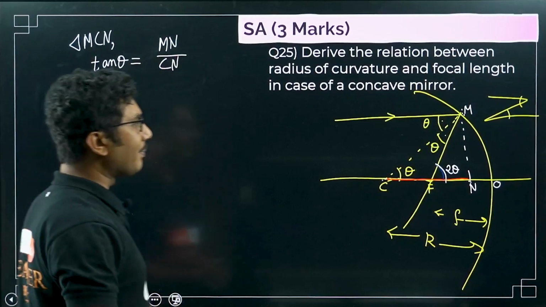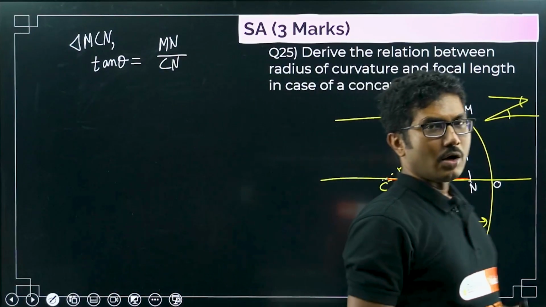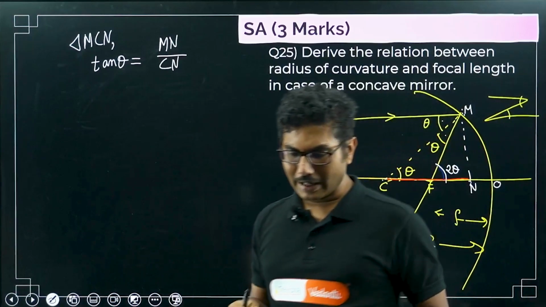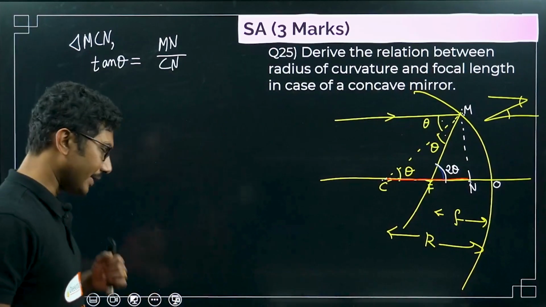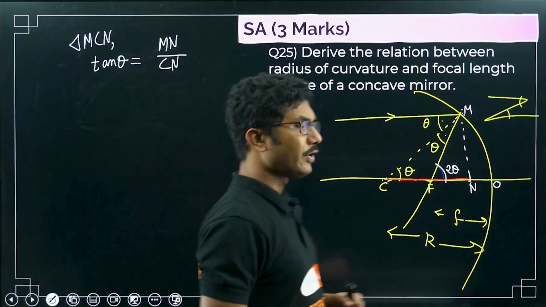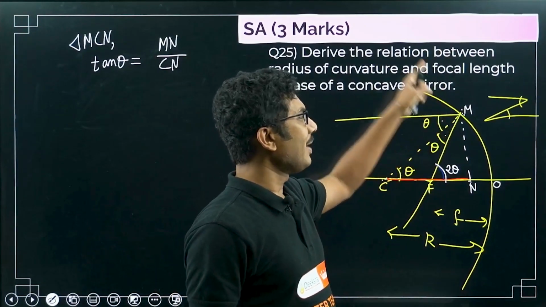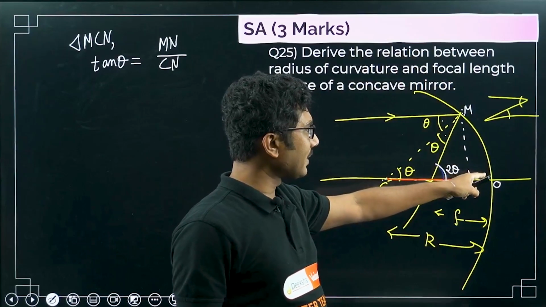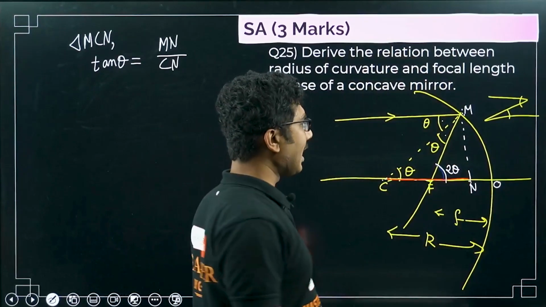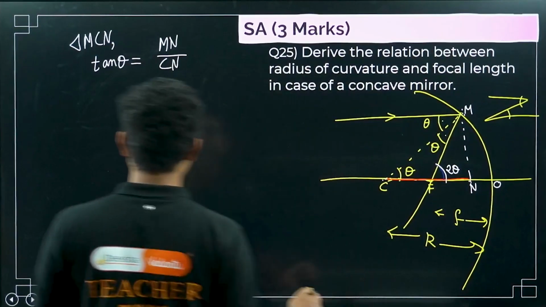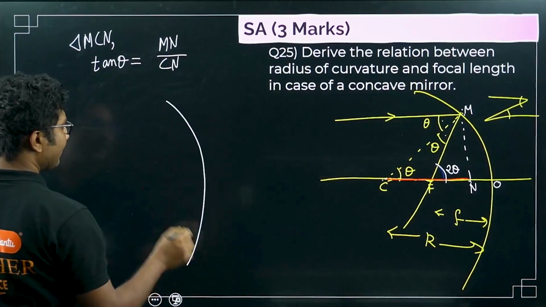Now here we will apply two things. First of all, we will apply that this is a paraxial ray. What is the meaning of paraxial ray? Paraxial ray means this point M is very close to the optical center. Right now we cannot draw this diagram as if it's a paraxial ray.